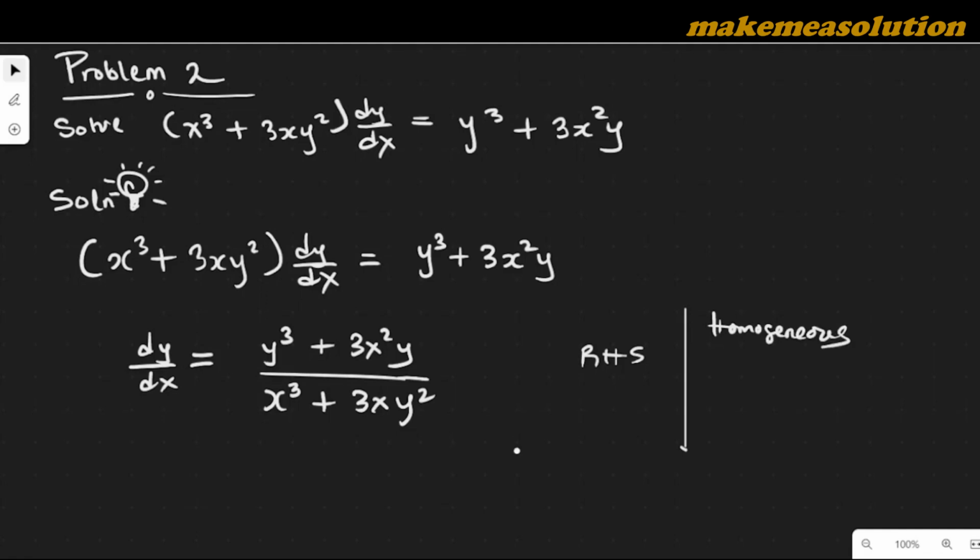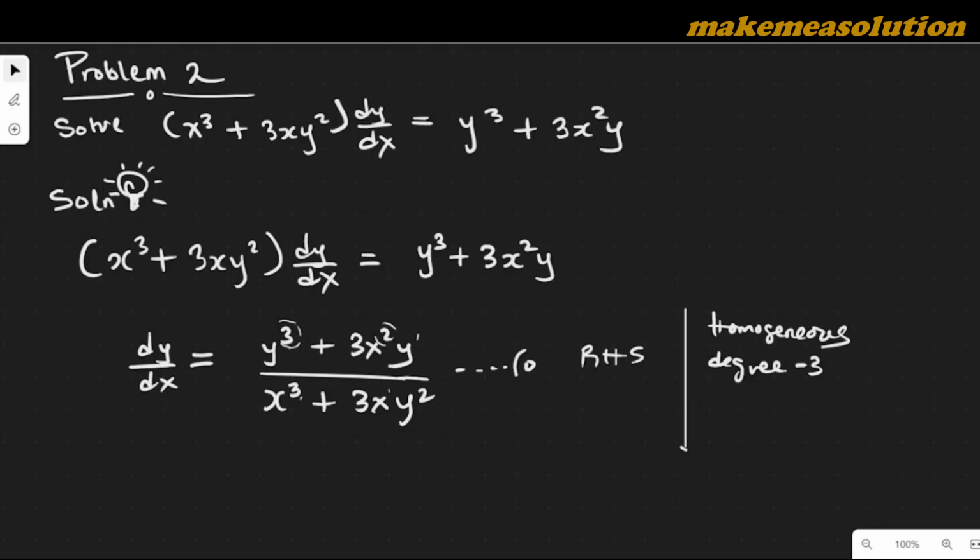Each term in the right hand side has total power 3: x squared y is 3, x cubed is 3, x y squared is 3. So it's homogeneous in degree 3.